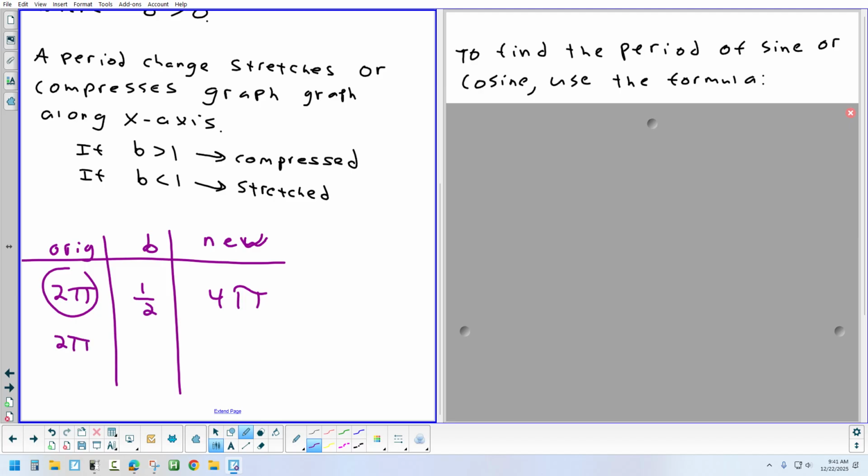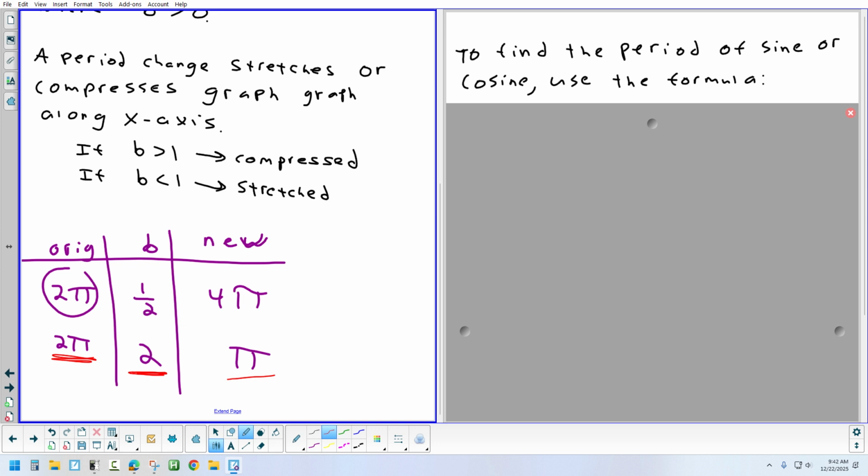So again, original period's always 2 pi. Let's just do 2. What would be your new period if the value of b was 2? Yep, pi. So does anybody see what you can do with this value and this value to get that value?